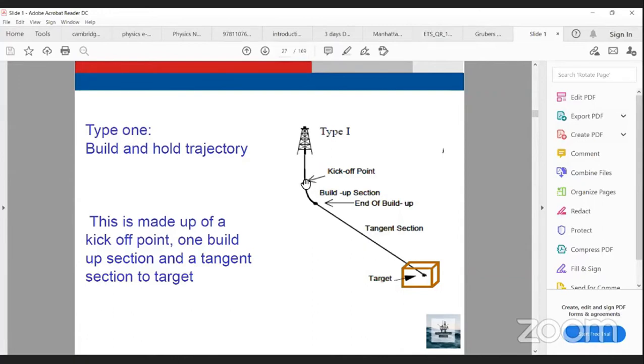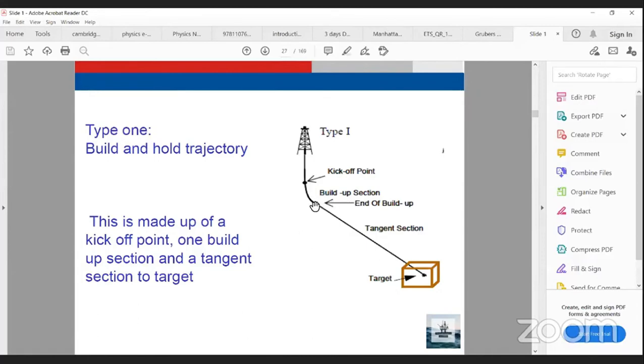Then the kickoff point is the point when the angle starts to increase, until I reach the maximum angle I want, say 40 or 45 according to the plan. Then I increase the angle from 0 to 45. This point is called the end of build up section, as shown in the previous slides, abbreviated EOB.